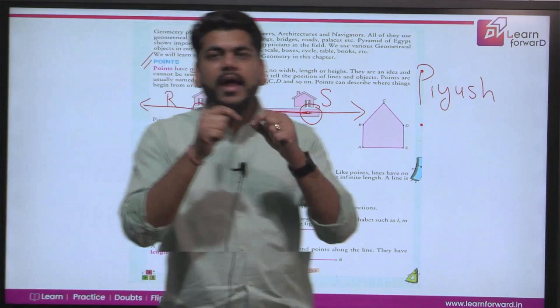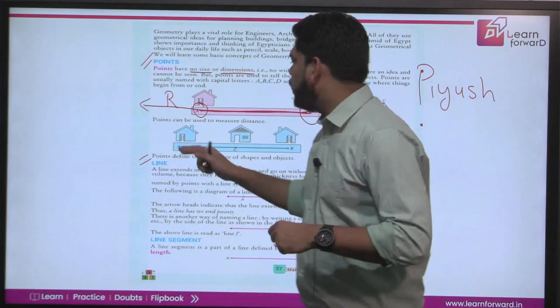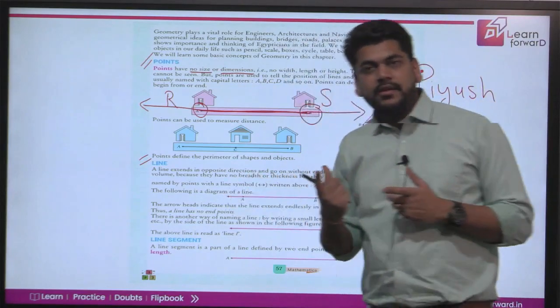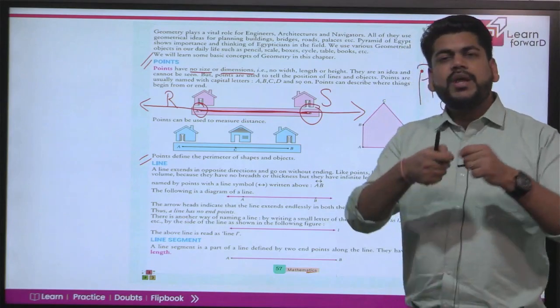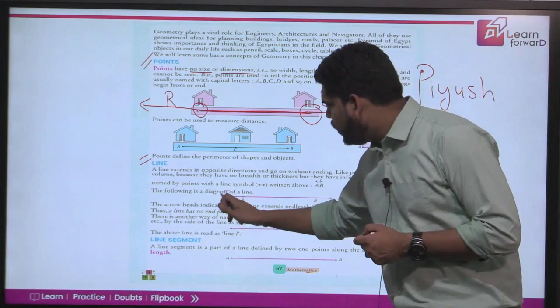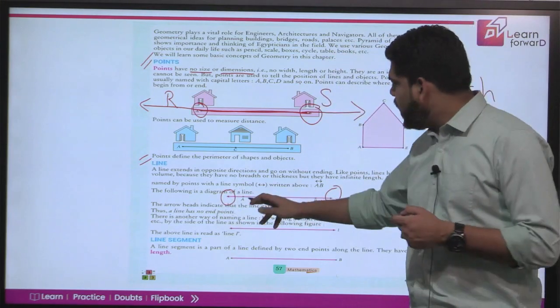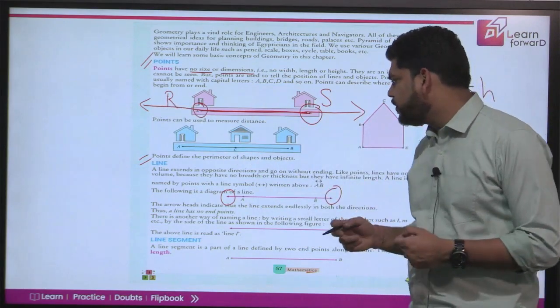Whenever a line can be extended in both directions, it is called a line. It has a length, so its dimension is 1. It's one dimensional because we can always measure the line. You can notice the arrows are given at both the ends. That means AB is a line which can be extended in both directions.